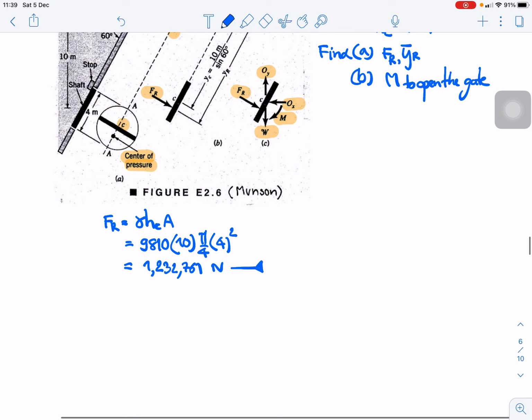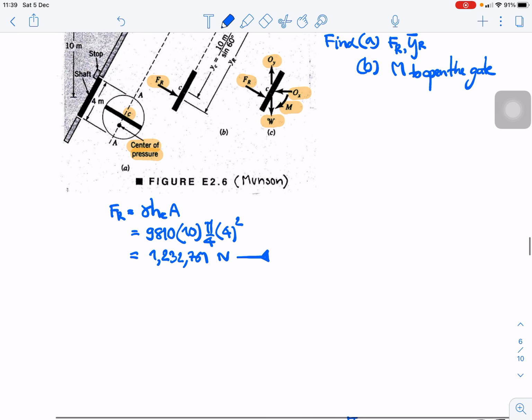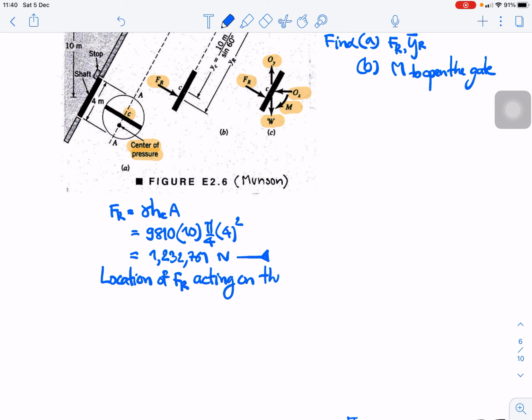Next step, we want to know the location of FR acting on the plane.